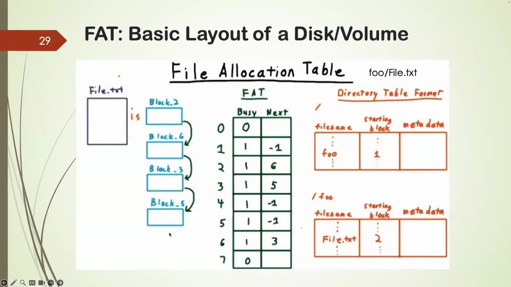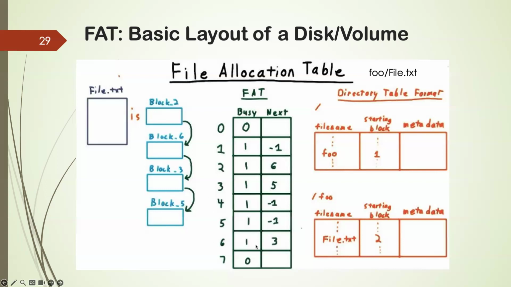One thing, sorry, I missed: if you want to write the data, when the operating system tells the file system, it will create these 2 entries and it will give you the starting data or the starting cluster number. So when you are writing this file, you will come to the starting cluster, cluster number 2, you will change this busy bit to 1 and write the first block of data here. Then for the next block, the file system will give you block number 6 or cluster number 6.